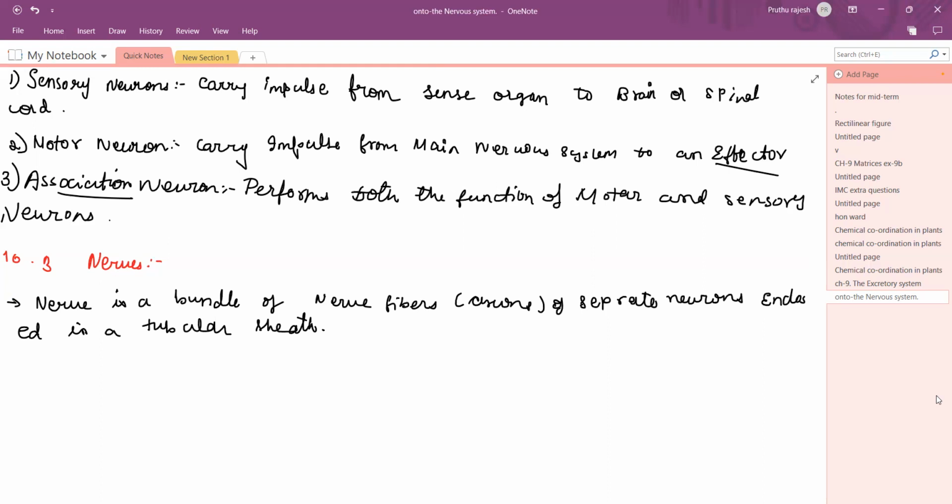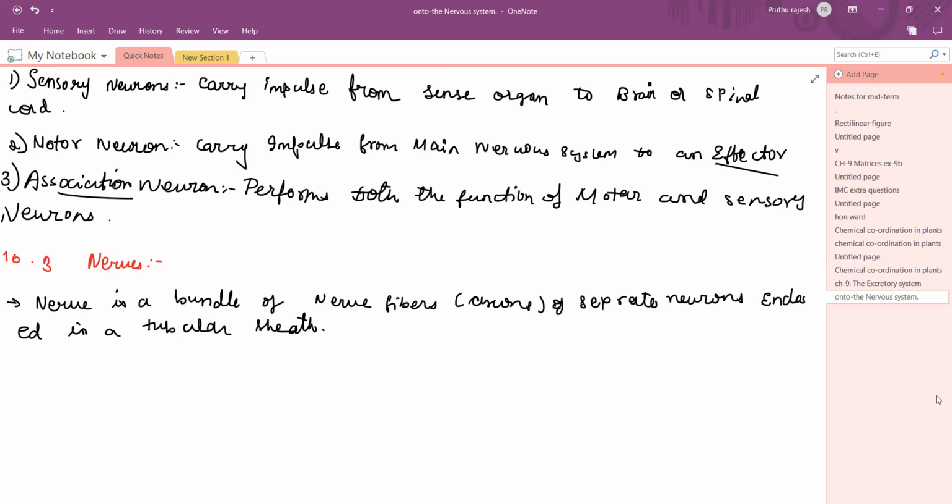Let us move on to the next topic, which is: there are three kinds of nerves as follows. So there are three major kinds of nerves, which are sensory nerves, motor nerves, and mixed nerves. Sensory nerves contain only sensory fibers bringing impulse from receptors to brain or spinal cord.